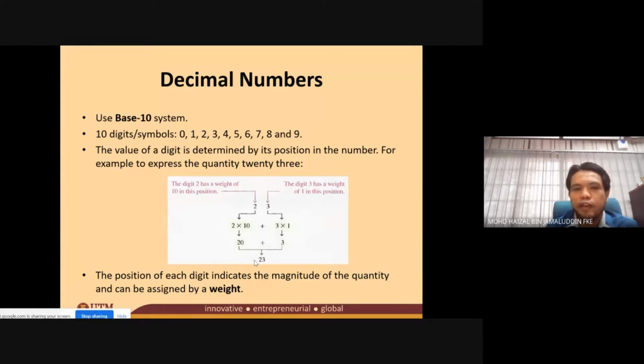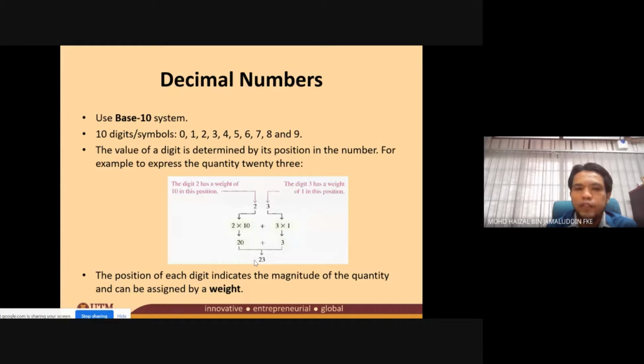You have 10 numbers starting from 0: 0, 1, 2, 3, 4, 5, 6, 7, 8, 9. Okay, stop. So you have 10 numbers. If it's base 8, for example, you have 8 numbers, from 0 until 7.